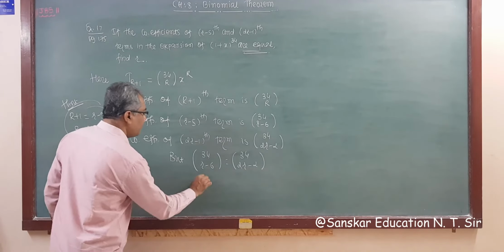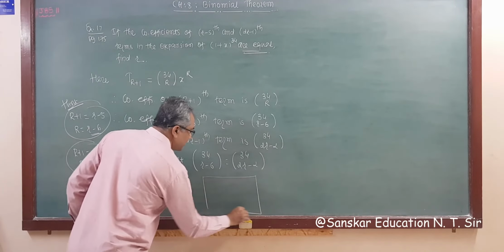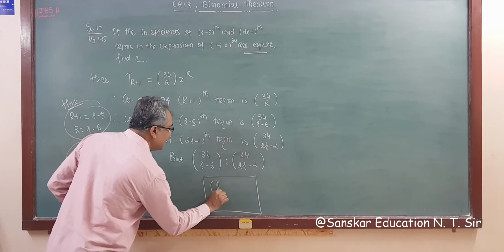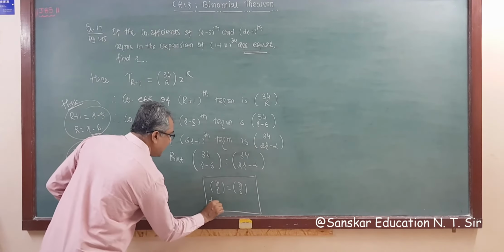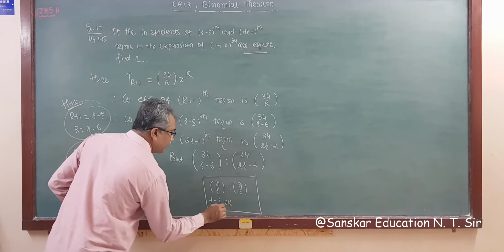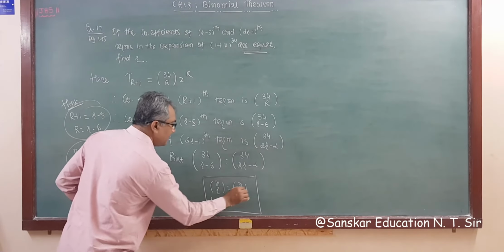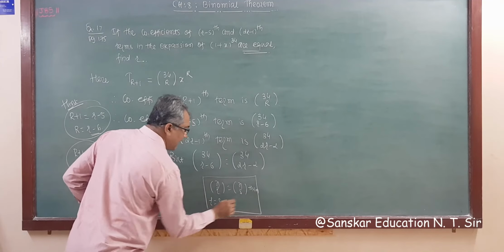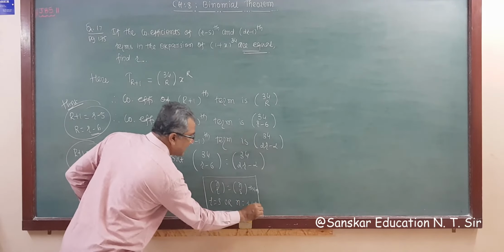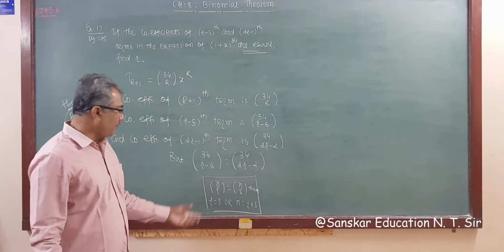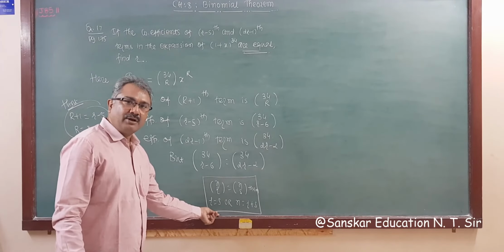Now you have one formula in permutation and combination. If NCR is equal to NCS, then either R is equal to S, or N is equal to R plus S, right? This is the formula you learn in permutation and combination.